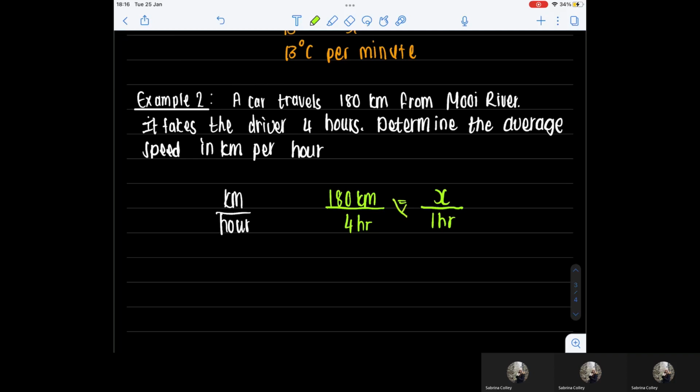Okay, so I cross multiply and I get 180 kilometers times 1 equals 4 times x is 4x. Okay, so 180 divided by 4, so you're going to get 45 kilometers. So that means the car is going 45 kilometers per hour.